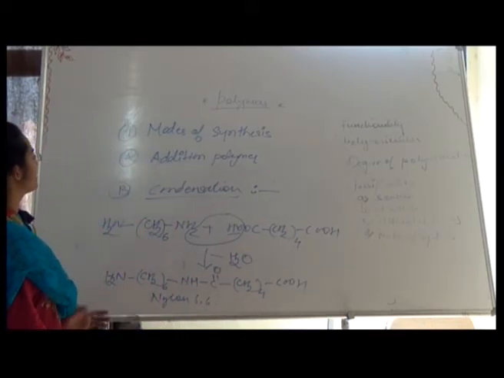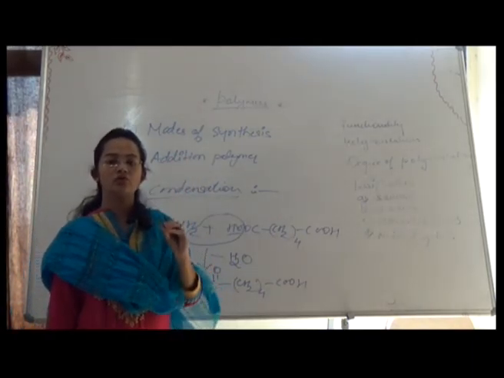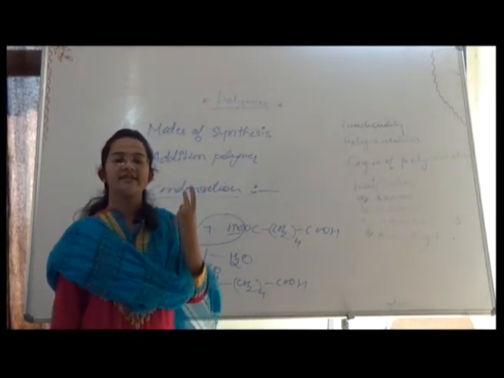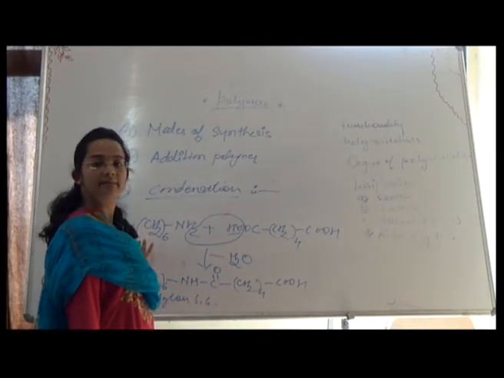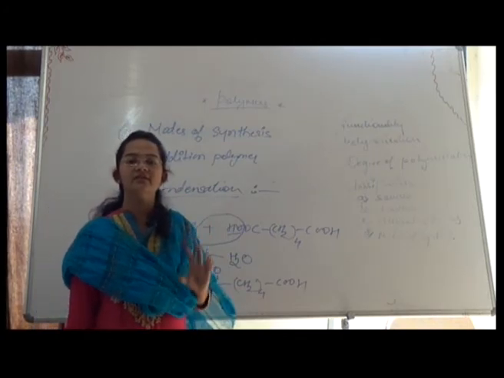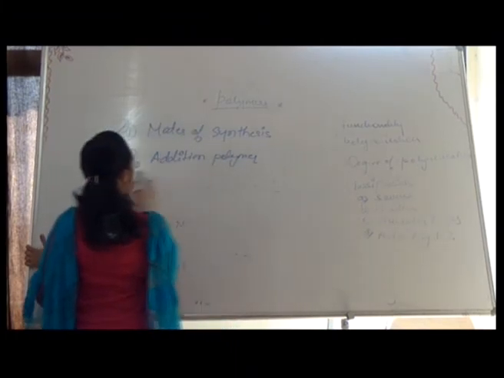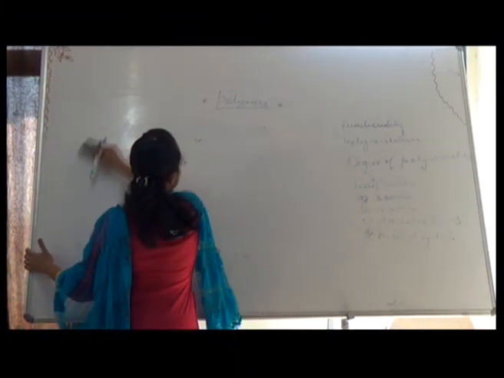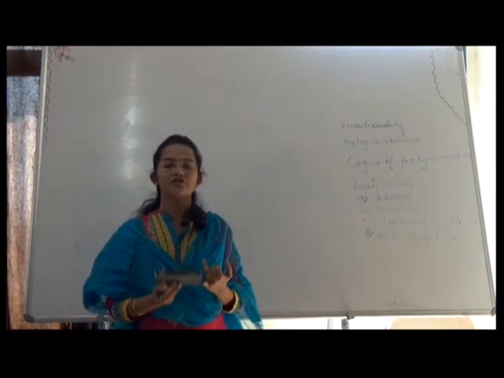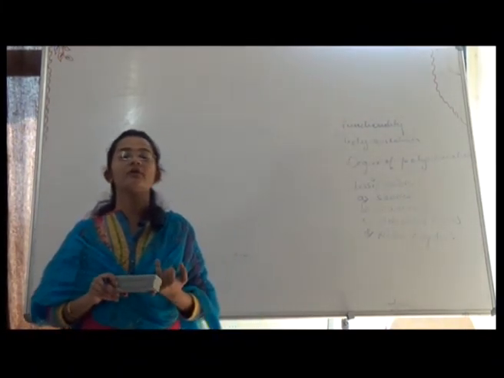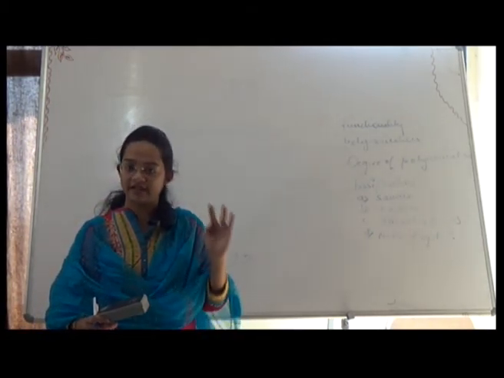So this completes our modes of synthesis. We say that the modes of synthesis are two: one is addition polymerization, another is condensation, and we have seen the examples as well as the reactions. All of you clear with this? Just to revise what we have seen: the definition of a polymer, functionality and its types, that is bifunctional, trifunctional and tetrafunctional.